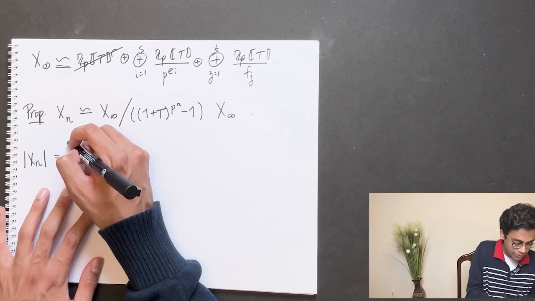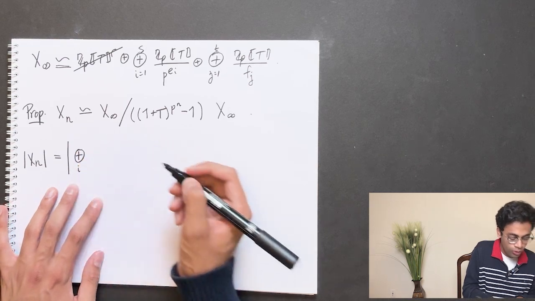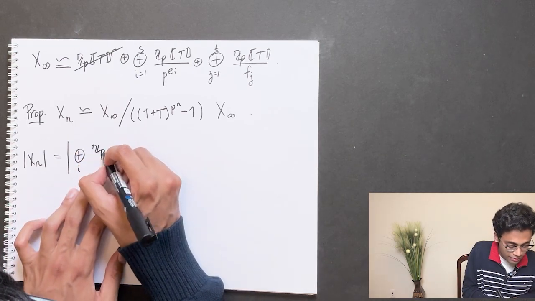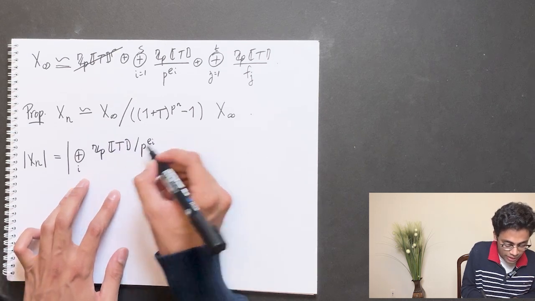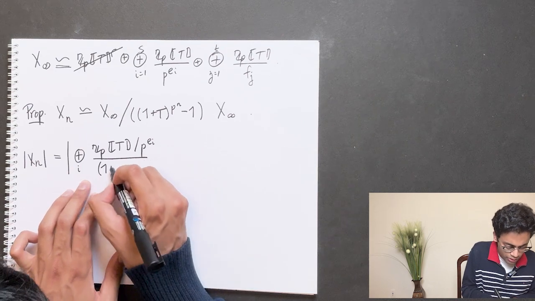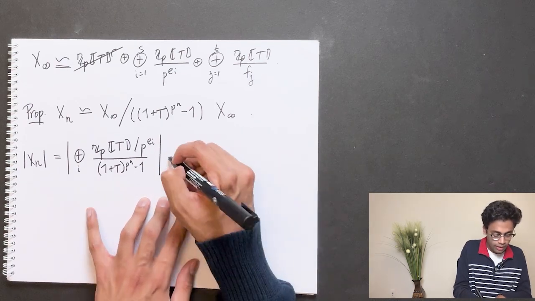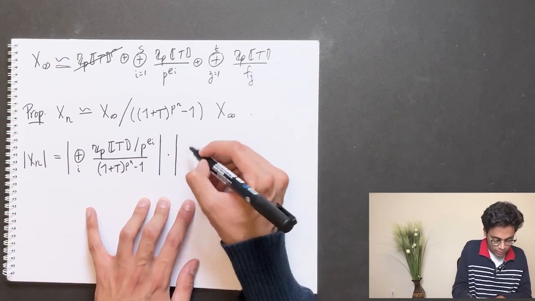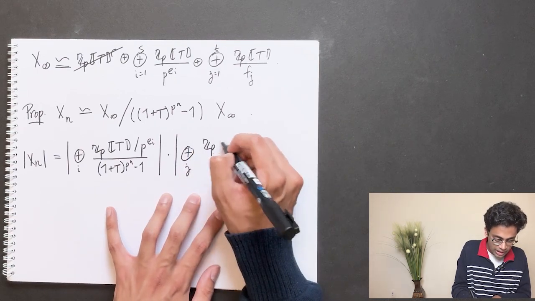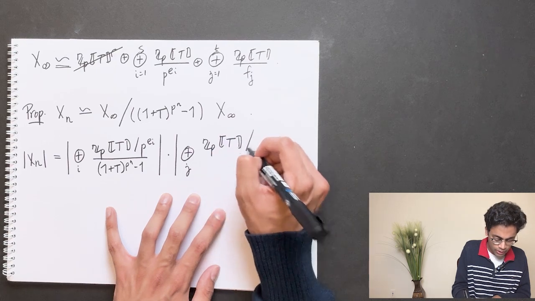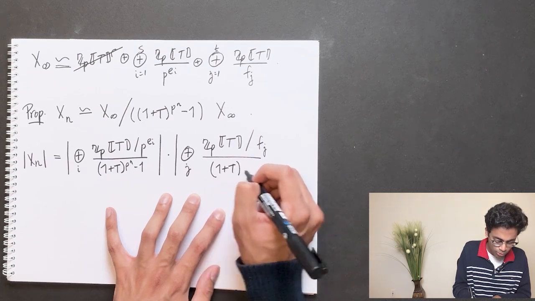So it's the size of the direct sum over all i of Zp double bracket t modulo p to the e_i modulo this polynomial, times the size of the direct sum over all j of Zp double bracket t modulo f_j modulo that polynomial.